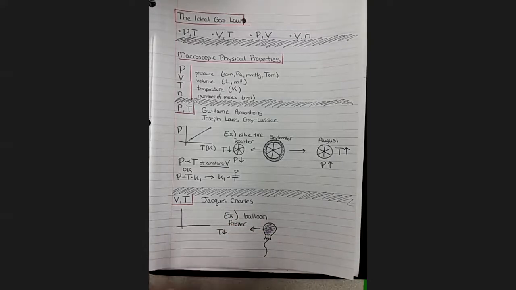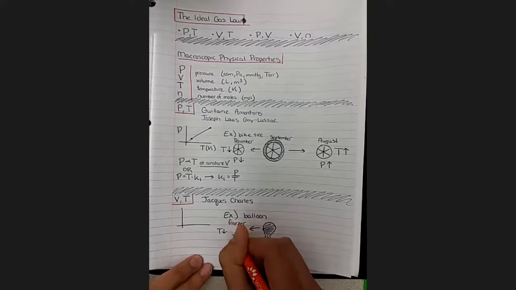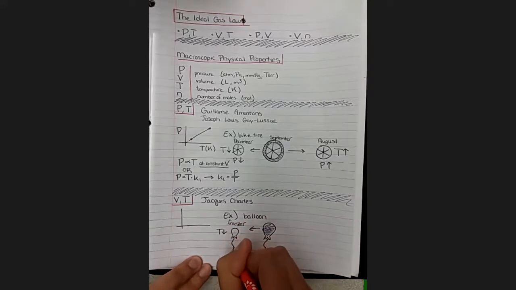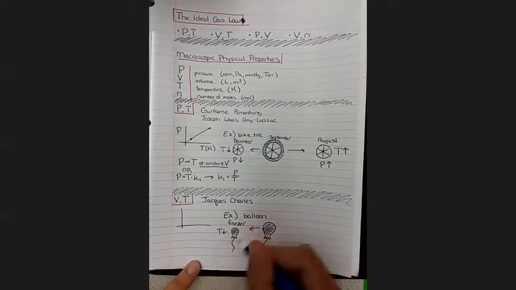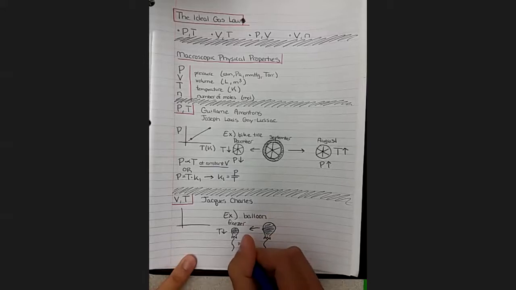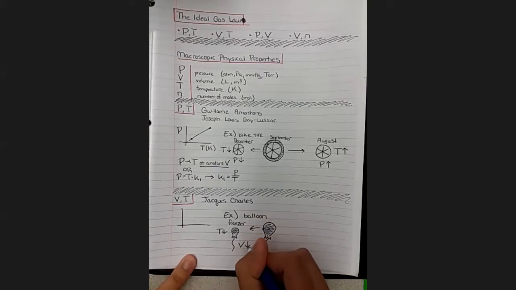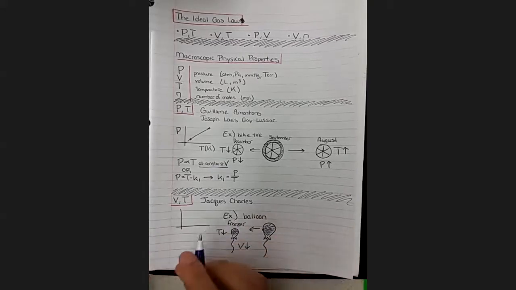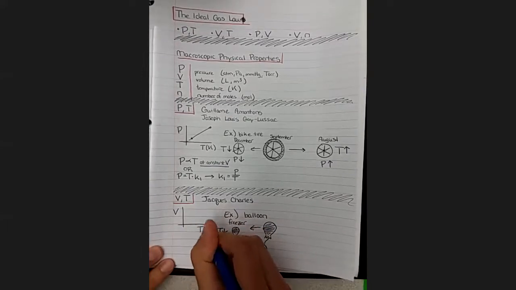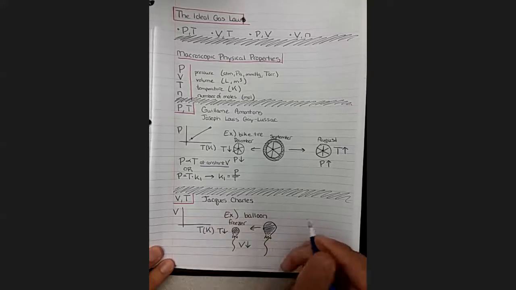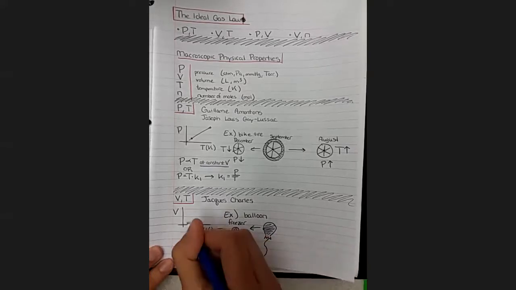The colder the balloon gets, the more it is going to shrink. Not to scale, obviously, but it will be smaller. So if the temperature goes down, the volume of the balloon is also going to go down. So we'll go to our plot here, volume versus temperature in Kelvin, and we've got low temperature, low volume.